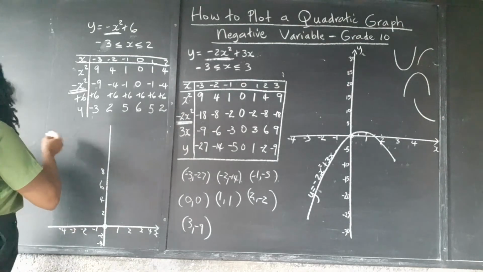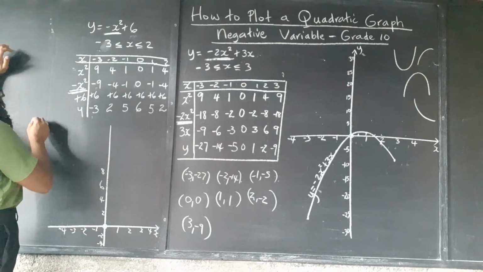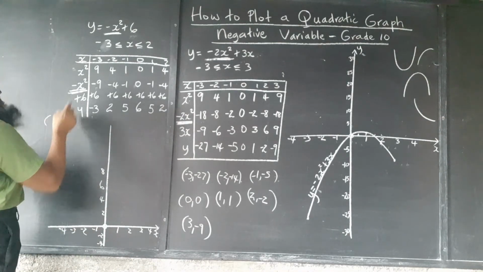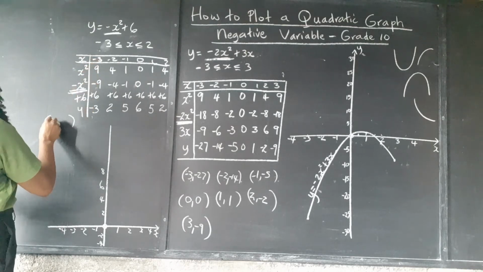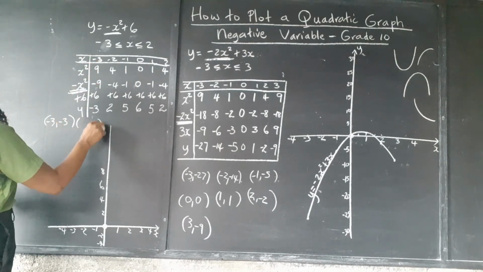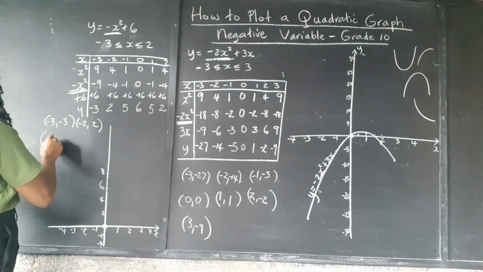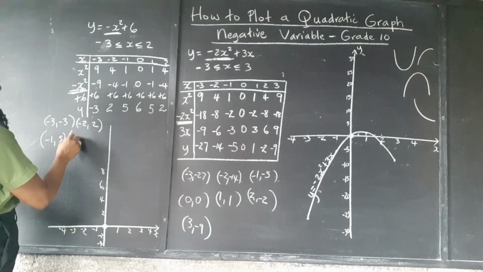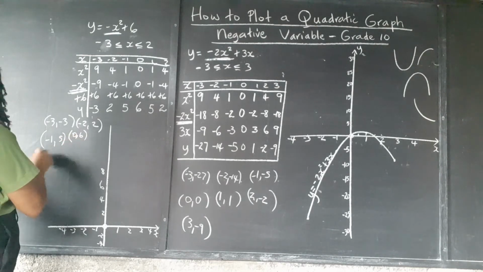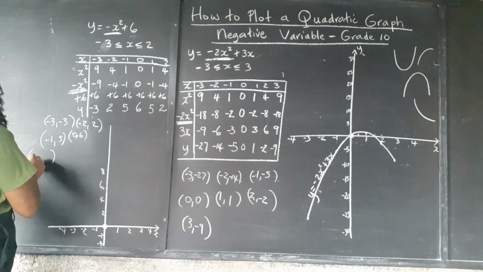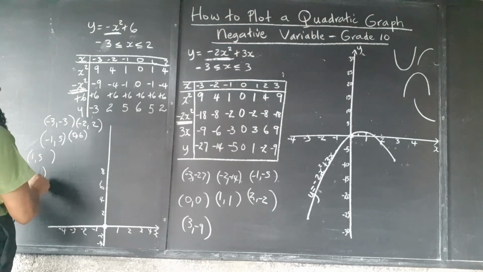So let's write our ordered pairs though. -3 to -3, -2 to 2, -1 to 5, 0 to 6, 1 to 5, and 2 to 2.